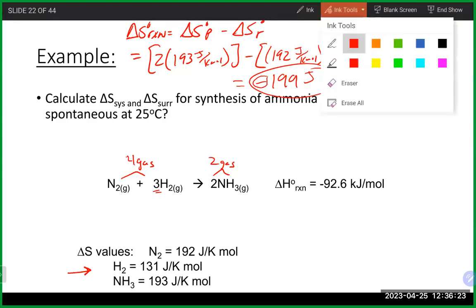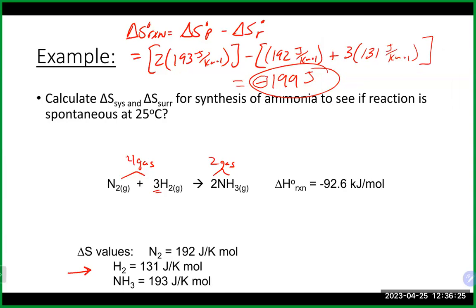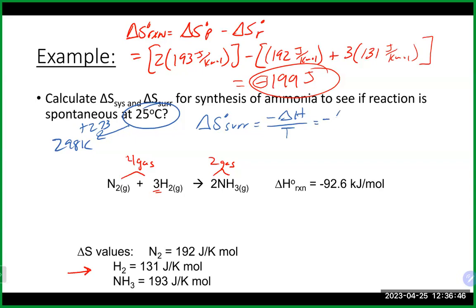Now we can take care of our surroundings. Our delta S of our surroundings is going to be minus delta H divided by T. We have to do a little conversion there, 25 plus 273 gives us 298 Kelvin. So I'm going to put this in here, negative negative 92.6, and I'm going to multiply it by 1,000. The reason I'm doing that is to convert it to joules, because eventually I'm going to add it to this number, so might as well get them both in the same units.